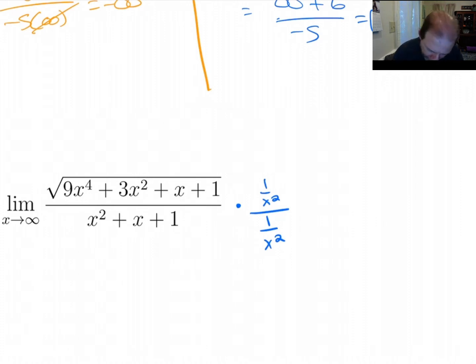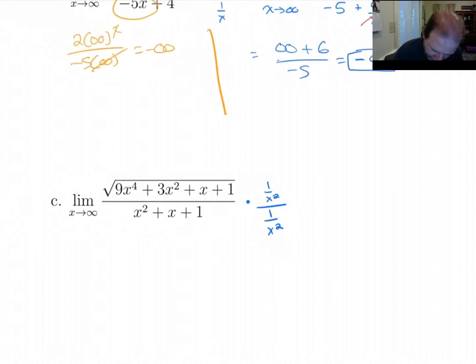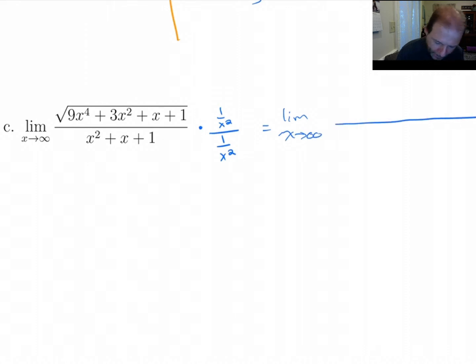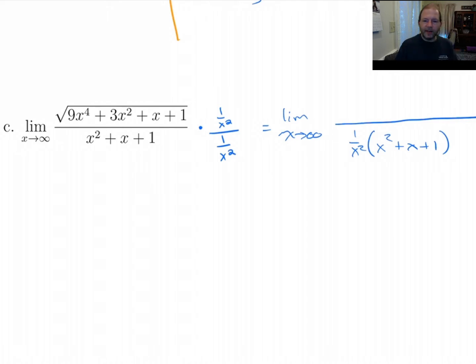When I multiply this through here, the bottom is going to become 1 over x squared times x squared plus x plus 1. We'll distribute that in a second.